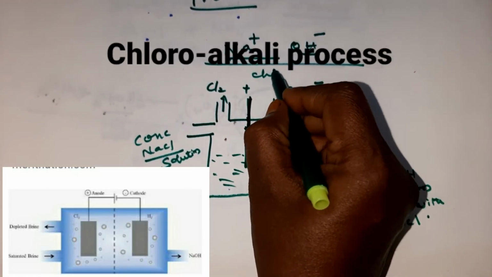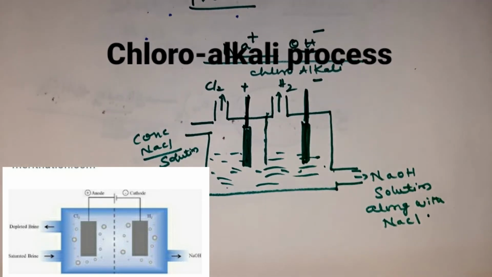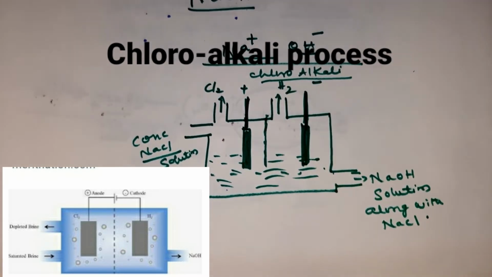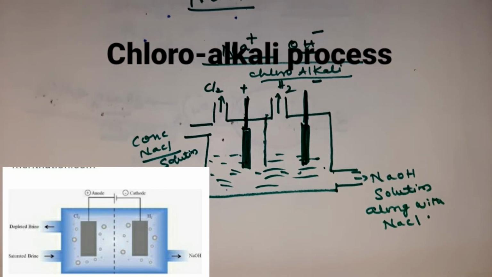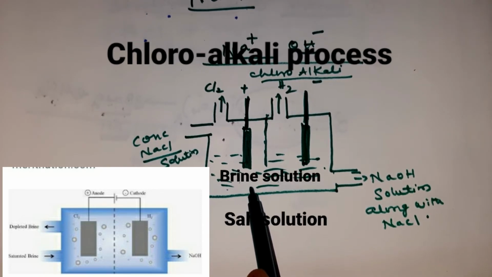The chloroalkali process is the process used for preparation of sodium hydroxide on a large scale in industries, children. This sodium hydroxide is prepared by using brine solution. What is brine solution? Brine solution is nothing but salt solution, children.